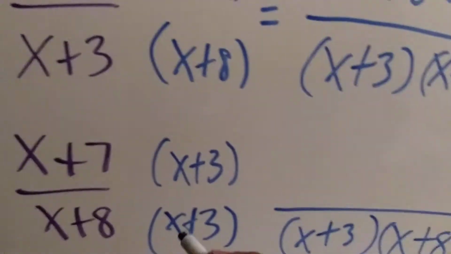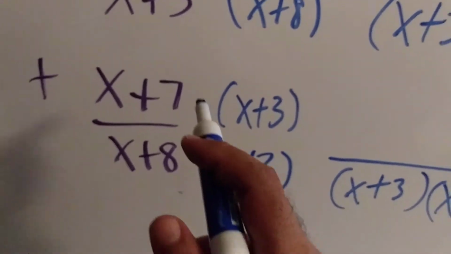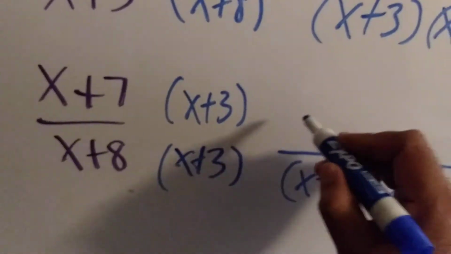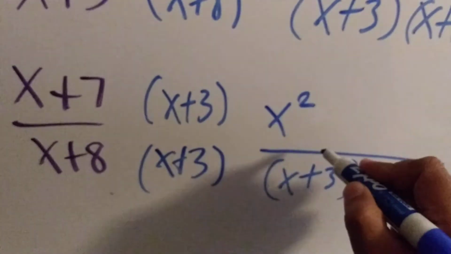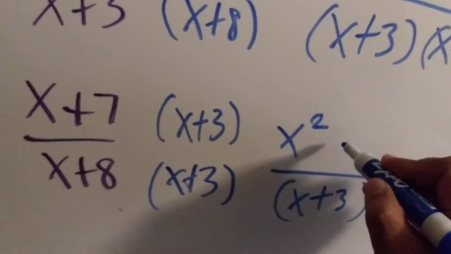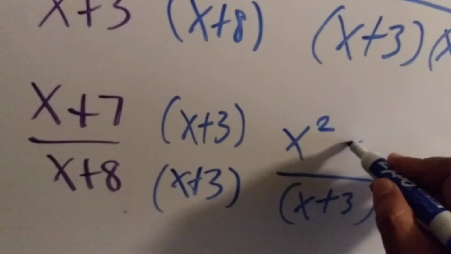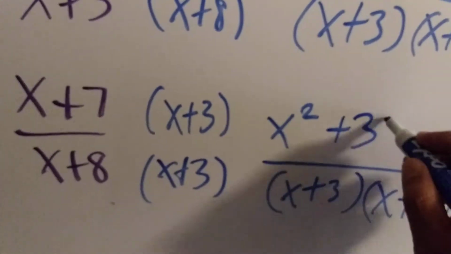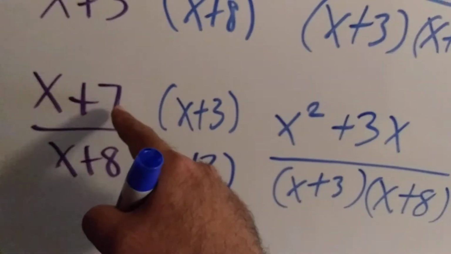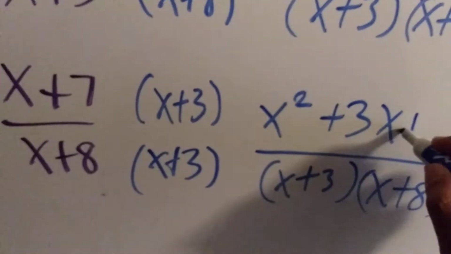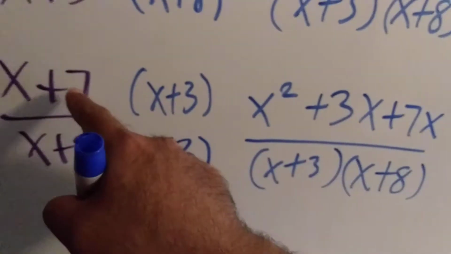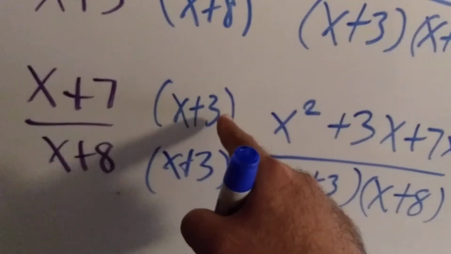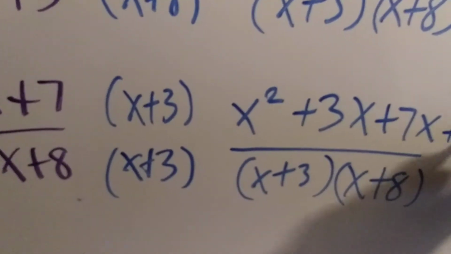Okay, for the second fraction, again, we do the FOIL method, which gives us x to the second plus x times 3 gives us 3x. And then we have 7 times x gives us 7x. And then positive 7 times positive 3 gives us positive 21.